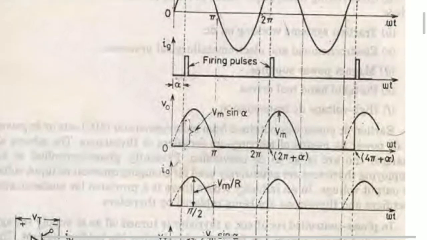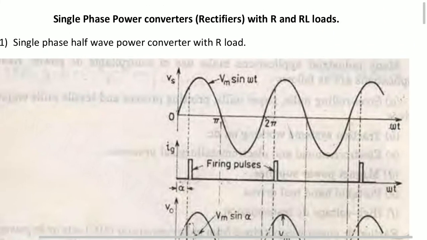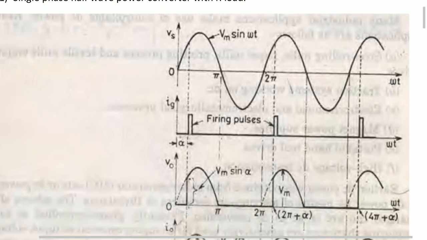So we are getting output voltage Vo only for half cycle of the AC input cycle. For one complete cycle we are getting output voltage only for the positive half cycle, but we are not getting any output across the load resistance for the negative half cycle, so it is called a half wave power converter with R load.